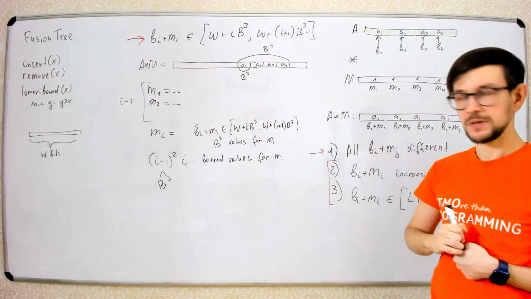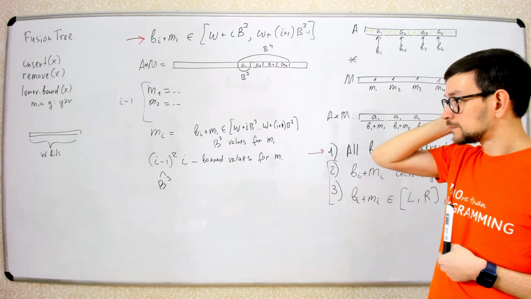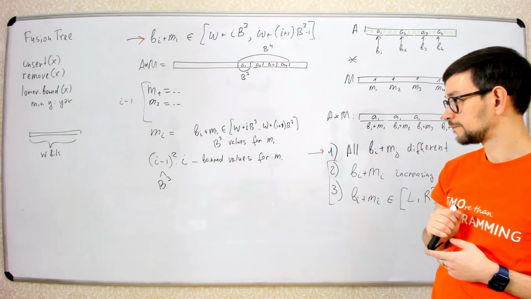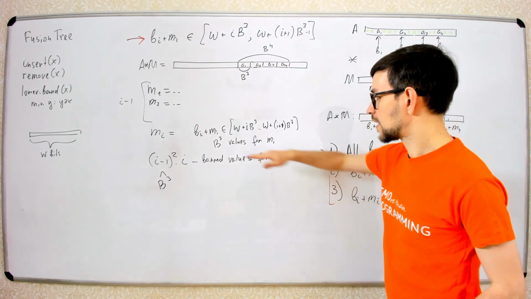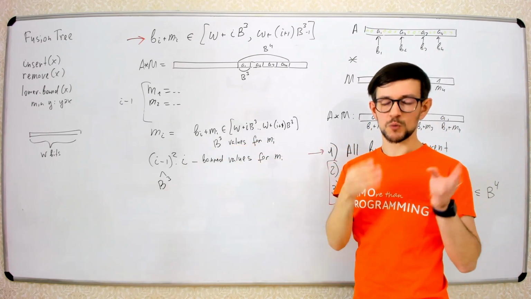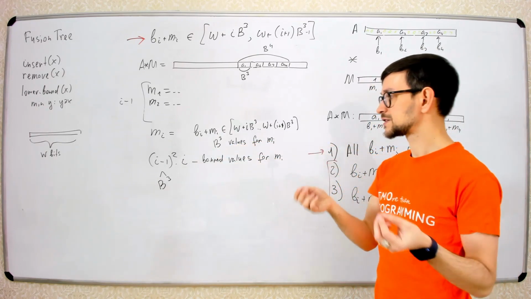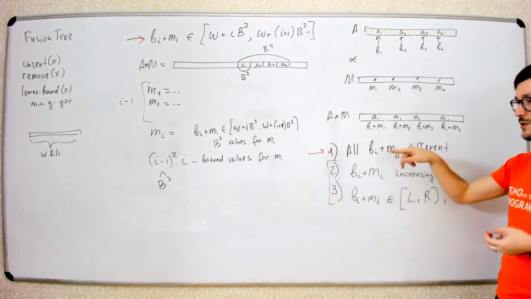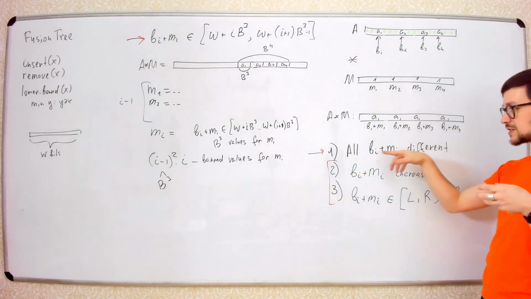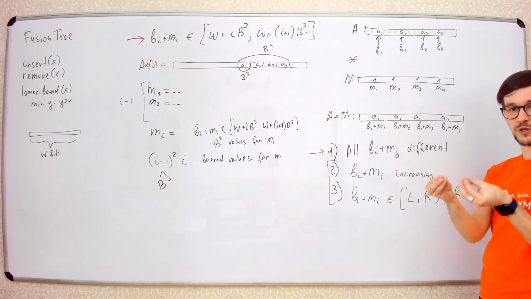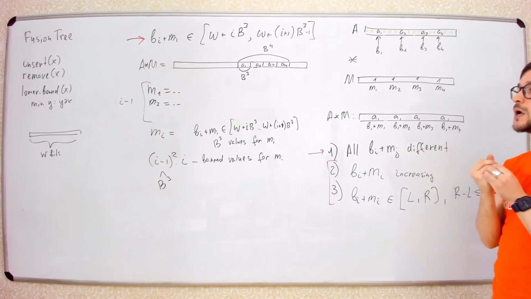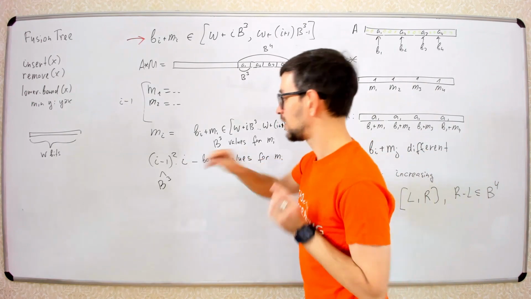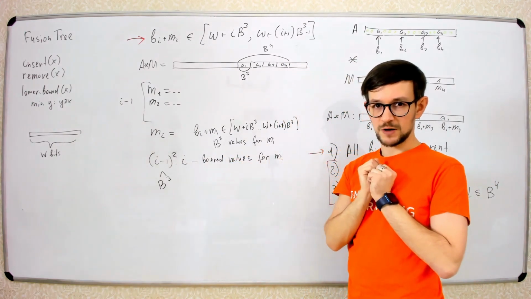Since I is less than B, there are B cubed possible values for m. Some of them cannot be used because if you use this value of m, some of these sums will put the bits into the same position. So this is the maximal number of these unusable values.